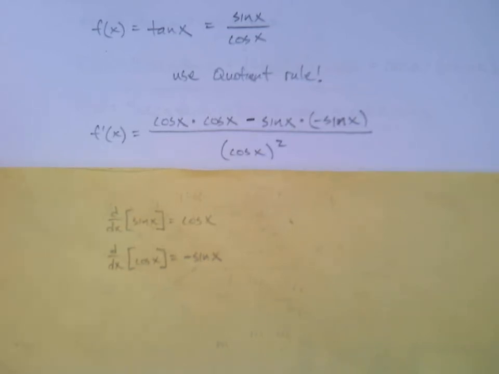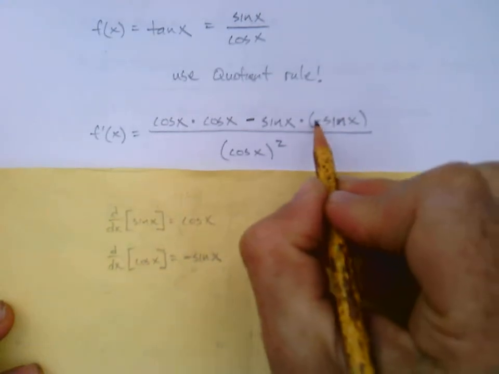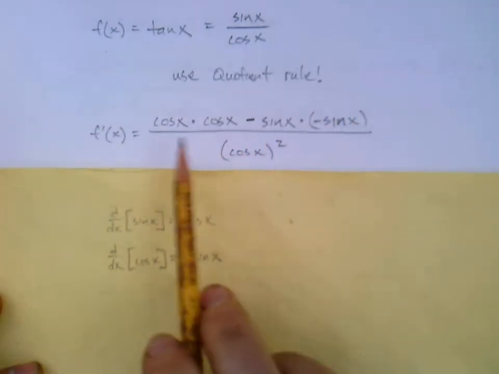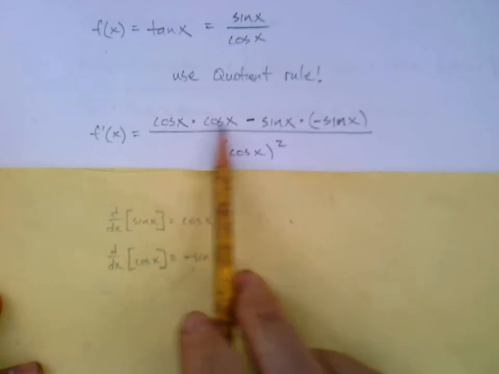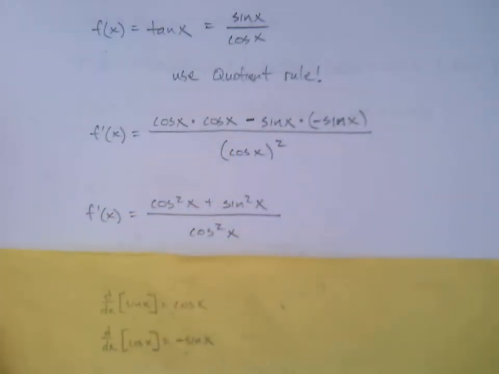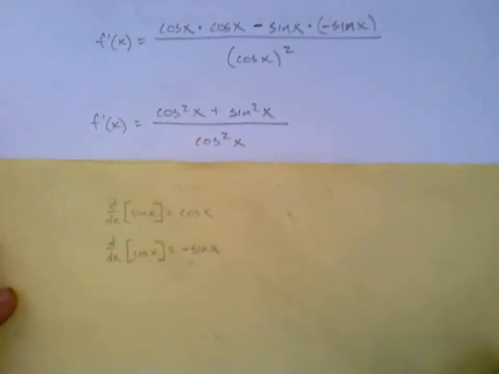Now we're talking. Now we got some power. Okay. Let's simplify this. All right, so we've got cosine times cosine, sine times sine, and negatives going on there. Here's our numerator. F prime of x equals cosine squared x plus sine squared x all over cosine squared x.